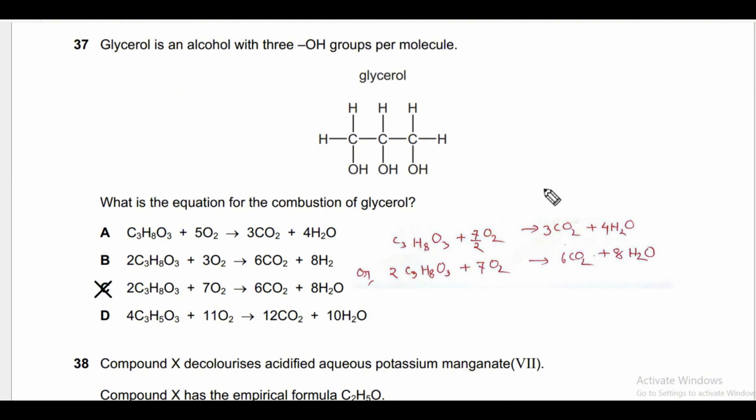So here 3 carbon, 3 mole carbon dioxide, 8 hydrogen means 4 mole water. Now you count it: 3 times 2 is 6 oxygen plus 4 oxygen. Total right hand side has 10 oxygen. Now left hand side here has 3 oxygen.